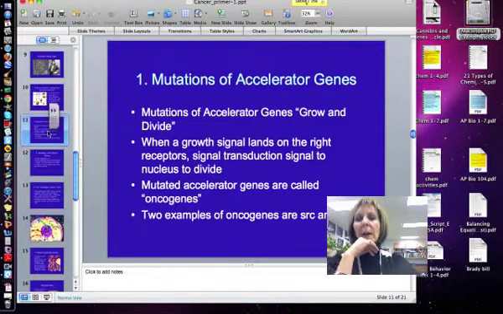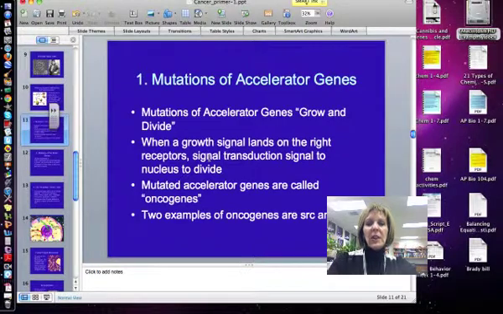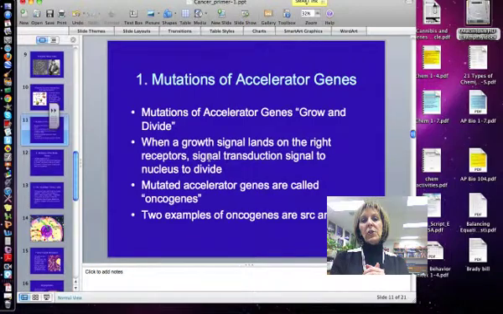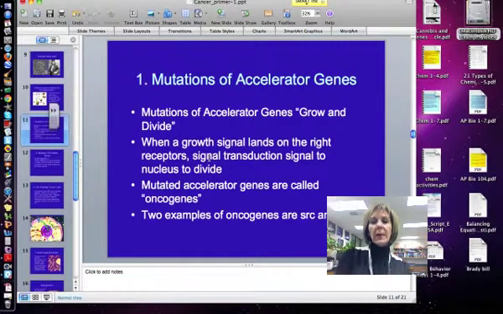So first we're going to talk about mutations in accelerator genes. So accelerator genes' message is to grow and divide, and these are called proto-oncogenes, and their job is that they are going to code for proteins that develop receptors that respond to growth signals, and then through signal transduction, that's going to signal the nucleus to divide.